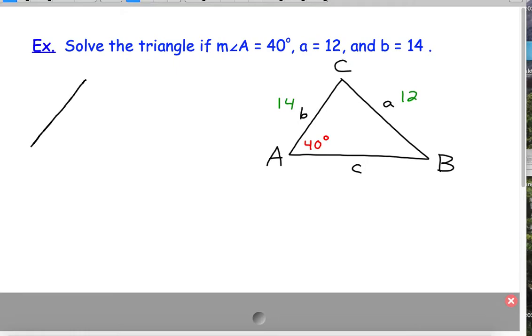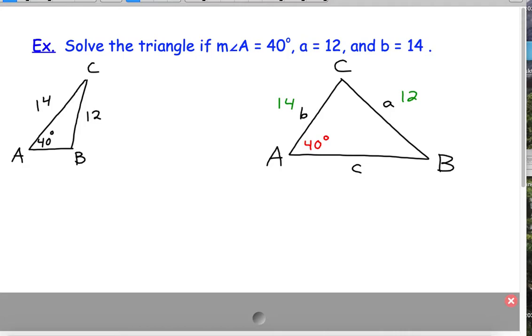So what I'm going to do is I'm going to draw this case where the 12 went that way and 40 degrees. This was A, B is here, C is here.